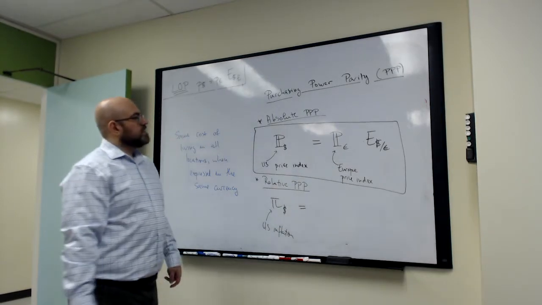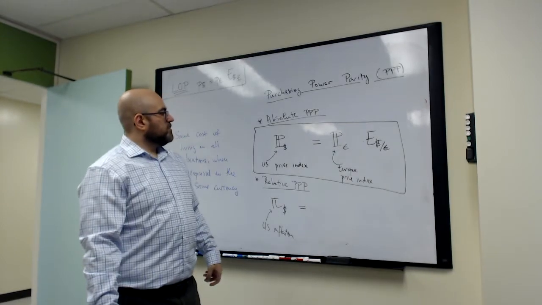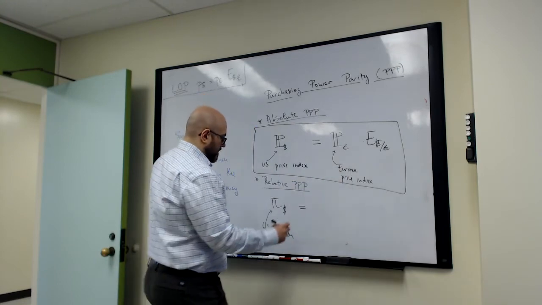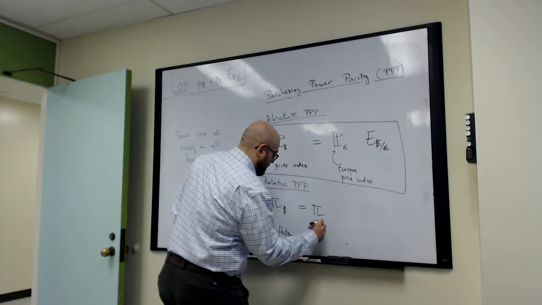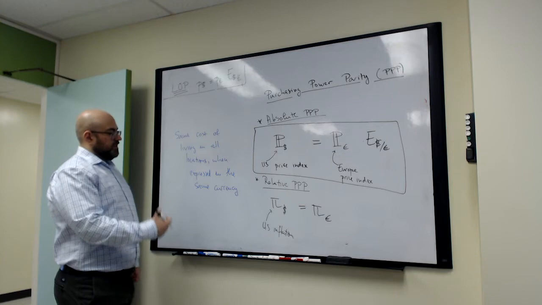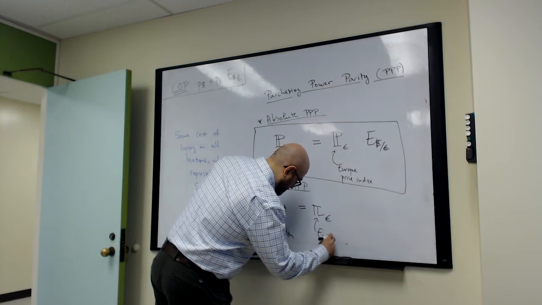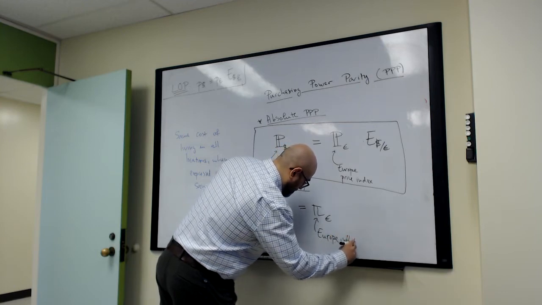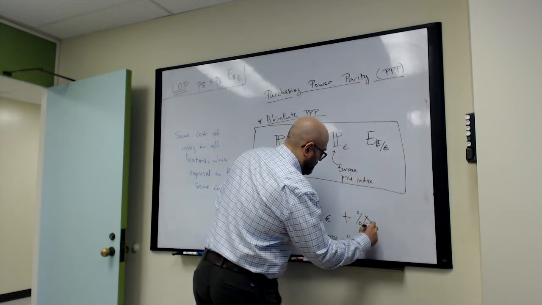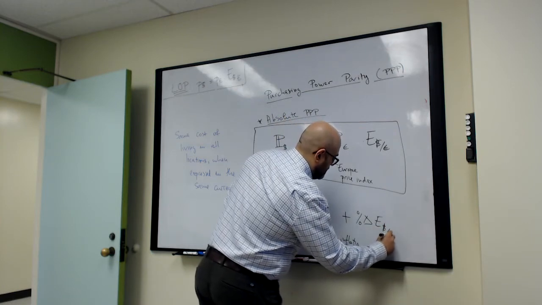Then on the right hand side we have the growth rate of a product. You might remember from our log approximations that the growth rate of a product will be the sum of the growth rates. So under relative PPP, inflation in the US is matched by inflation in Europe and the percent change in the exchange rate.